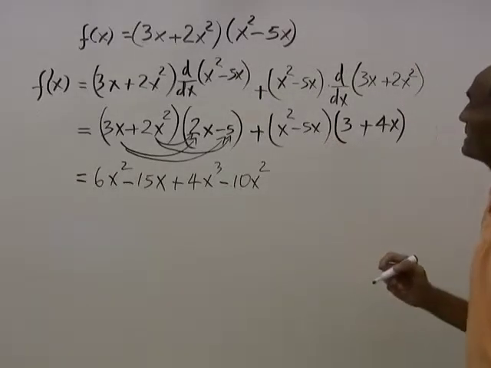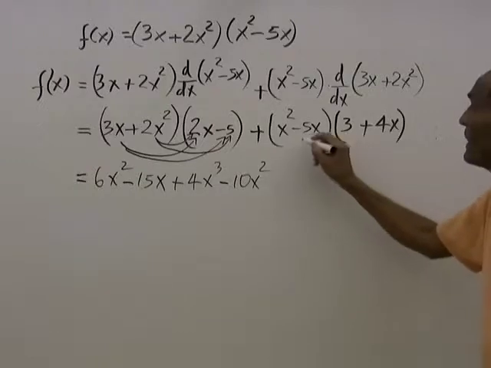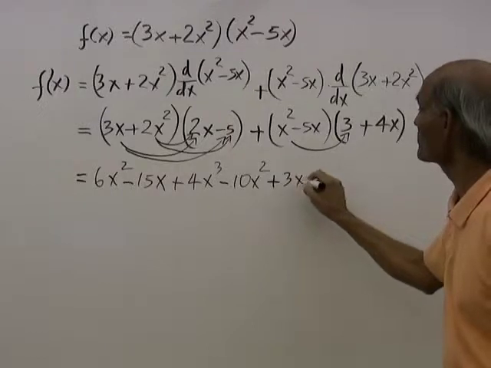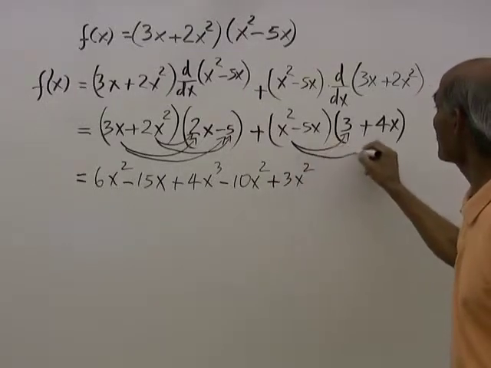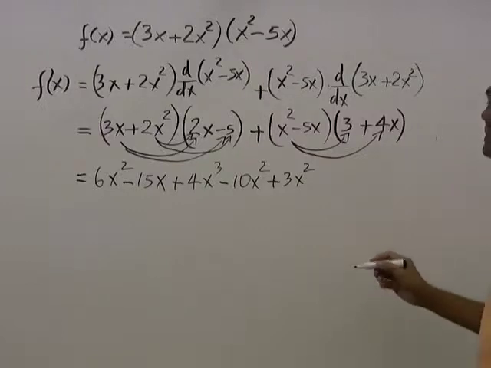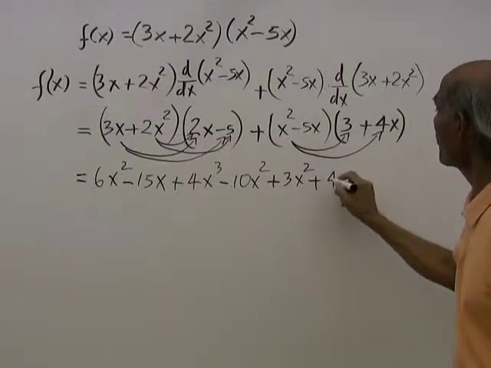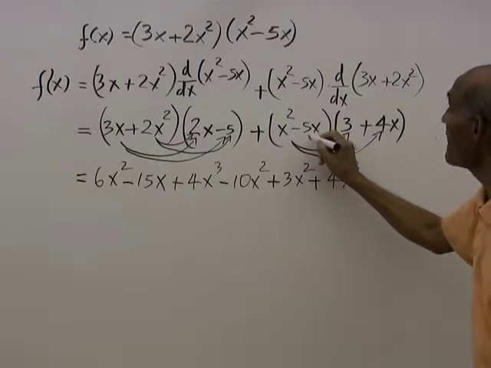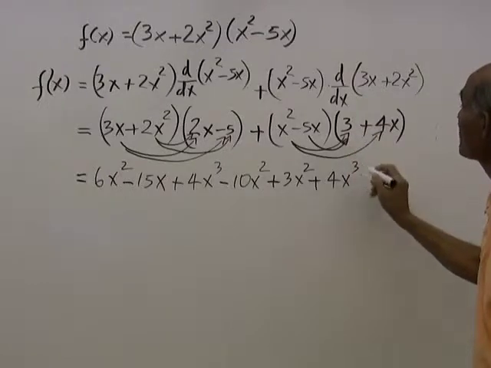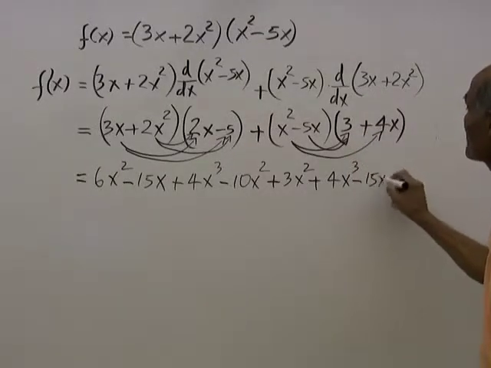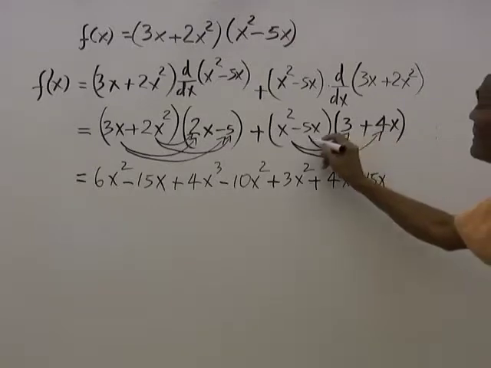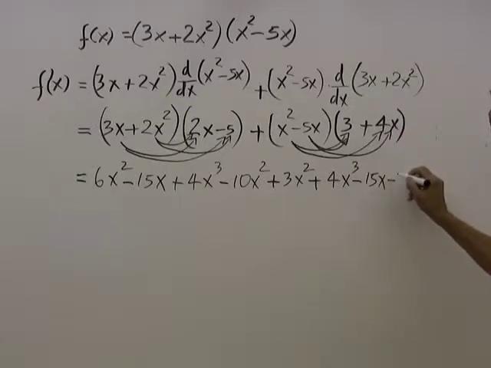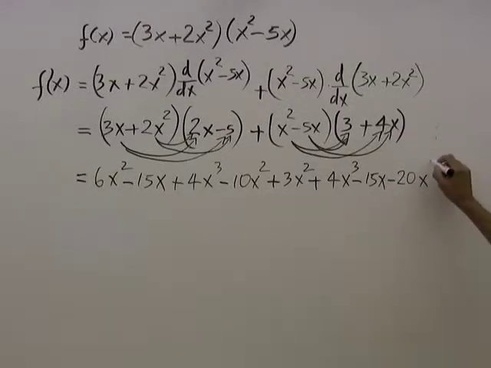And now let's come to the last term. X squared multiplied by 3 will be plus 3x squared. X squared multiplied by 4x will be plus 4x cubed. And then minus 5x multiplied by 3 will be minus 15x. And finally, minus 5x multiplied by 4x will be minus 20x squared.